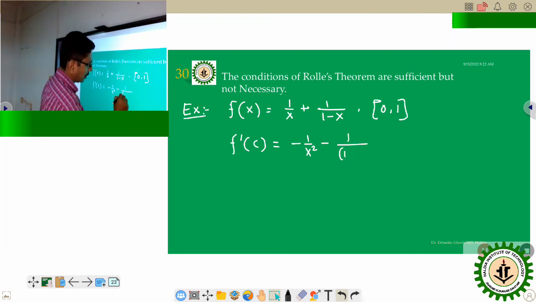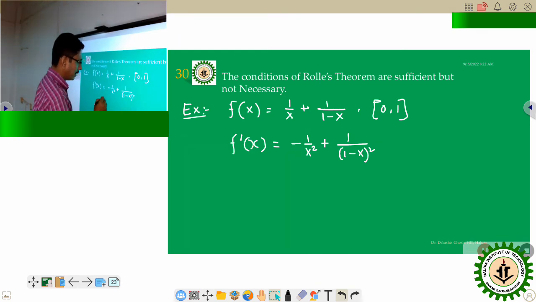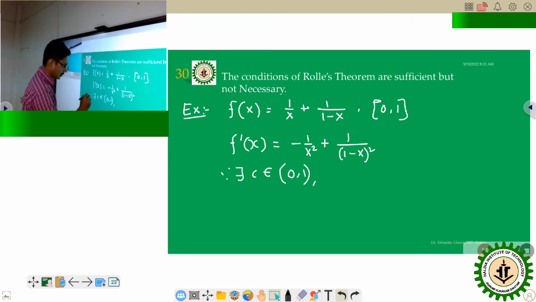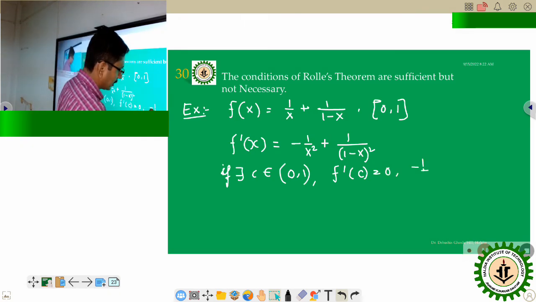So if we consider a point C, suppose there exists C belonging to the open interval 0 and 1 for which f dash C equals 0, then we have minus 1 by C square plus 1 by 1 minus C its whole square equals 0.